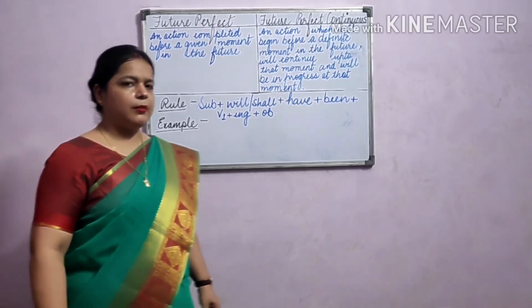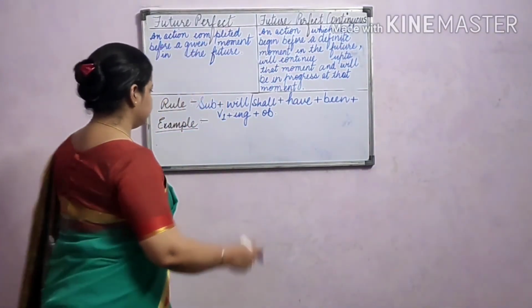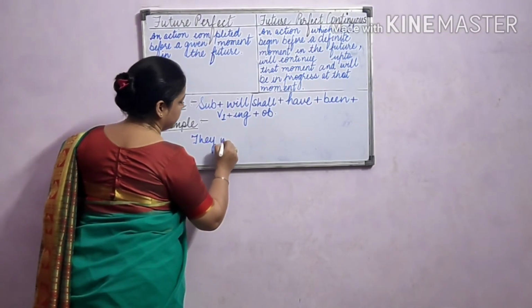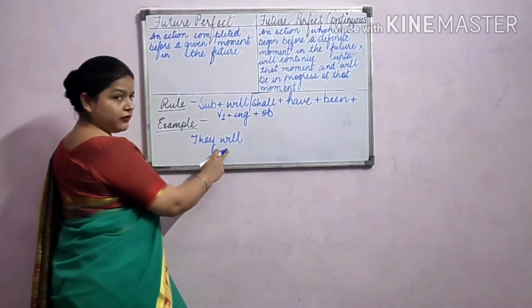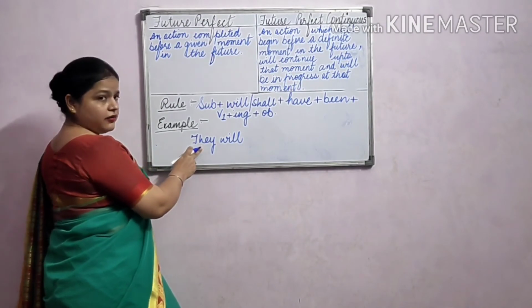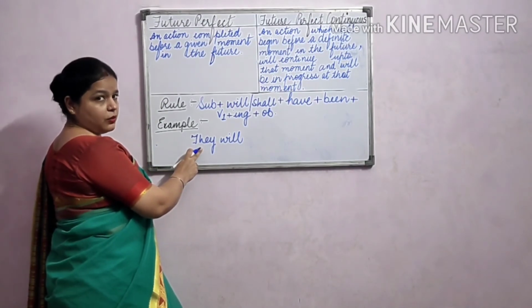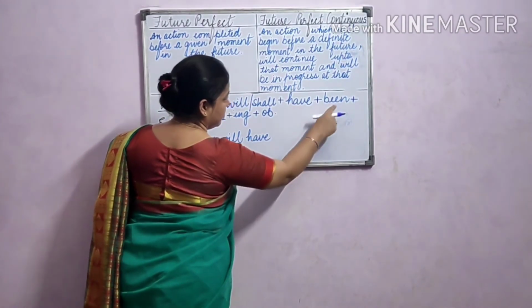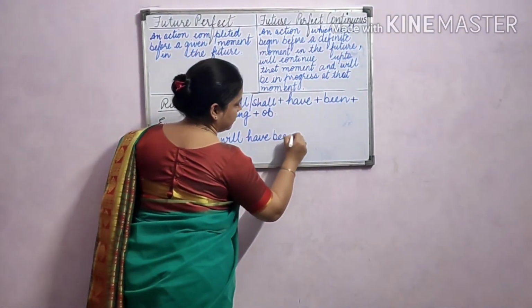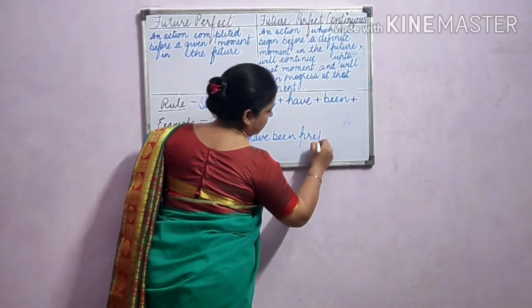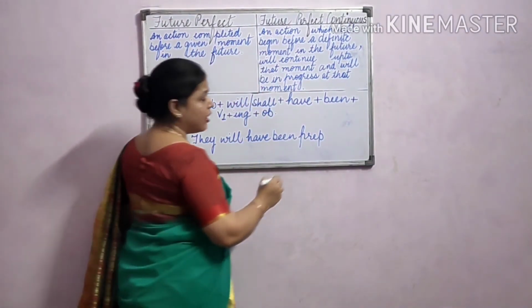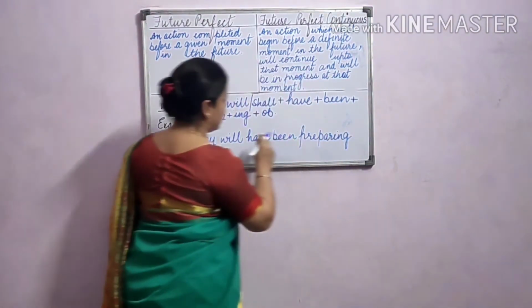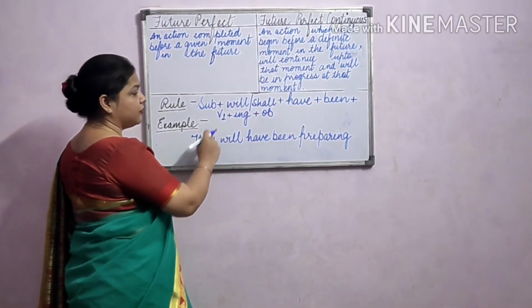So let's take one example where we'll be using it. The example is: they will. Why will, students? Because here we have used third person. They will have been. Prepare is the first form, but I will write preparing because we are supposed to use ing form of the verb.